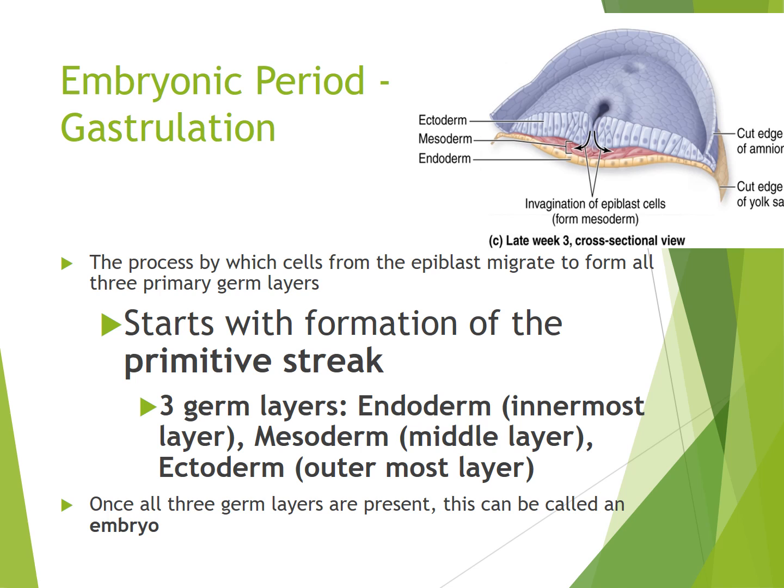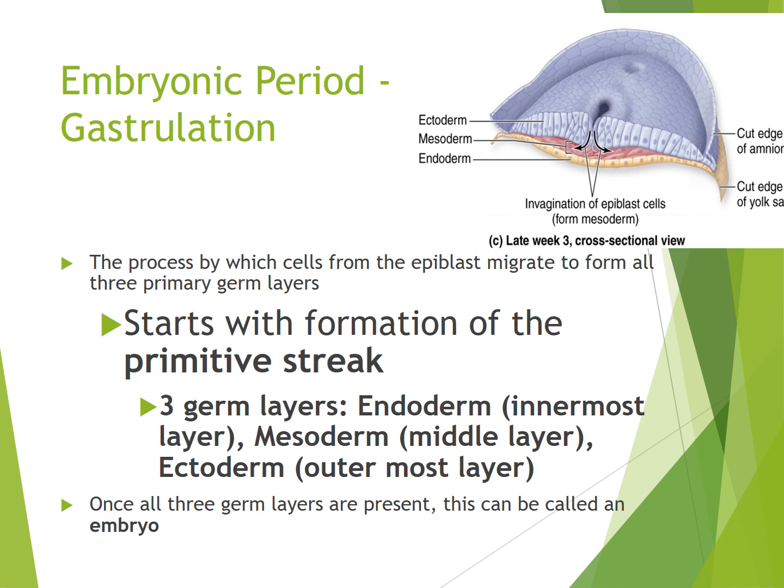Once these 3 layers have formed, the correct term is that this is now an embryo. Gastrulation begins with the formation of the primitive streak, a thin depression on the surface of the epiblast.